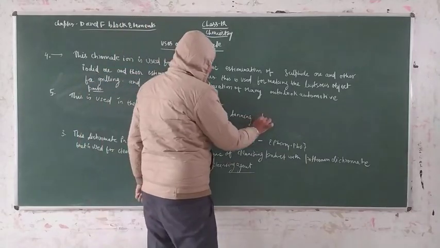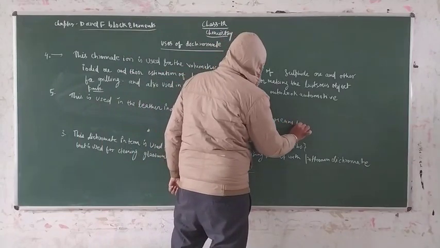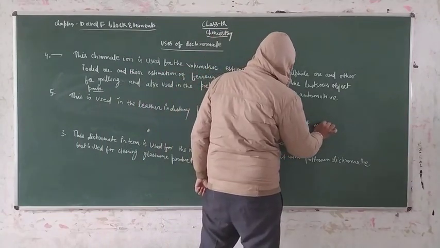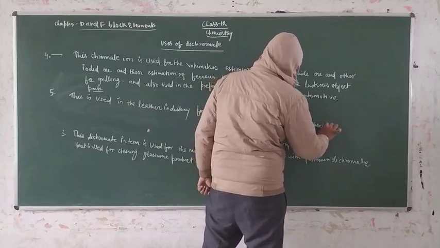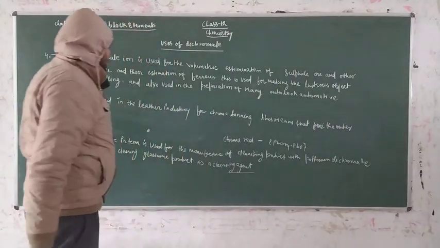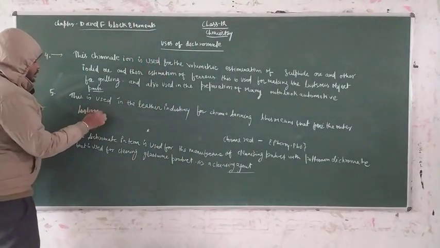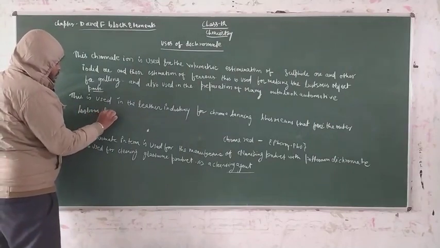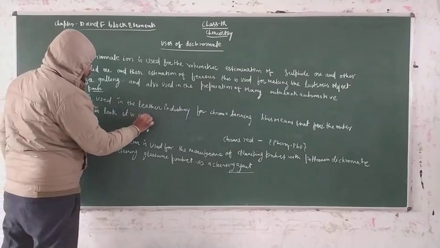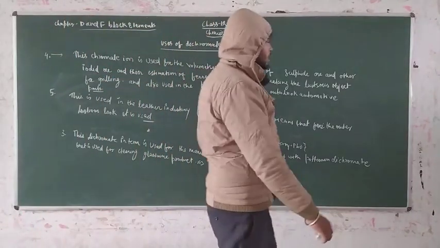This means that it is used for the outer lustrous look. That means these are the 5 points we have to discuss in terms of the preparation of many types of chrome.